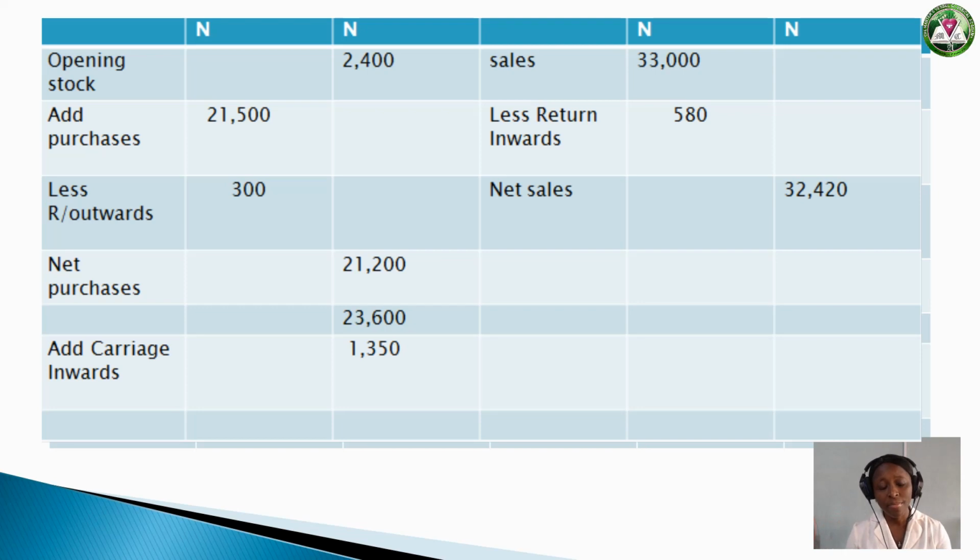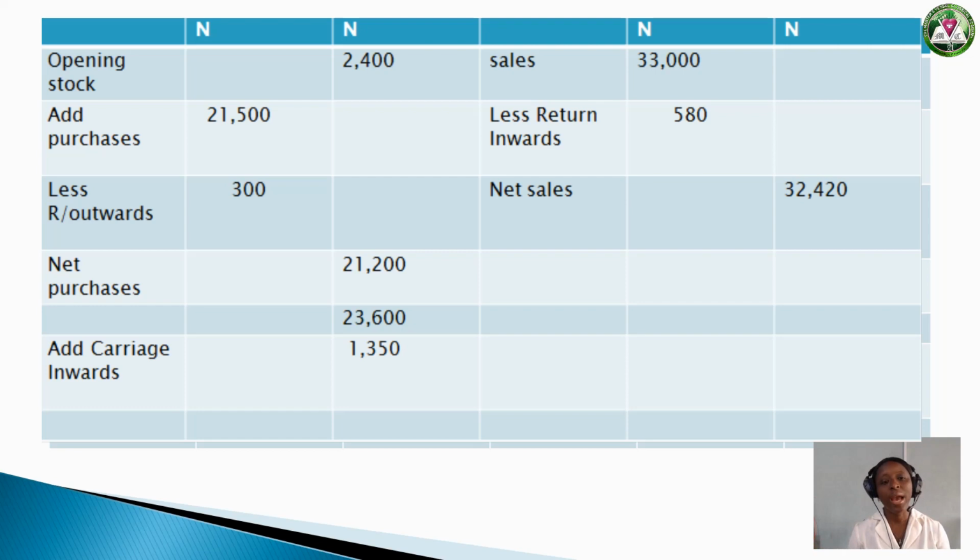Okay. Remember, we start with our opening stock. How much is opening stock? 2,400. At the left-hand side, write opening stock. And in the last naira column is where you put the 2,400. Is there any purchases in that transaction?